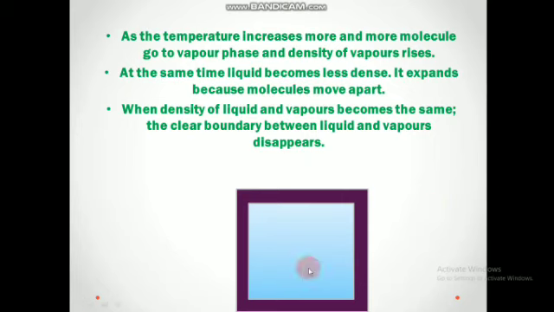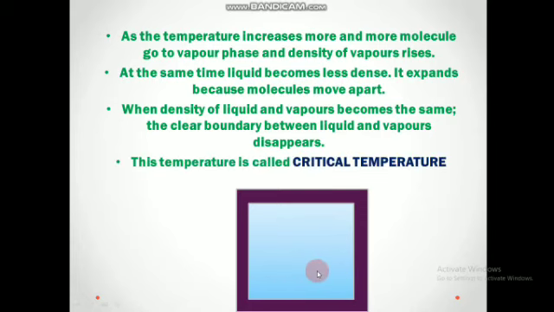This particular temperature at which the boundary of liquid phase and vapor phase disappears, where we can't make out which one is liquid and which one is gas, is known as the critical temperature. So critical temperature is the temperature at which the boundaries of liquid phase and vapor phase disappear as we increase the temperature. That's all about vapor pressure.